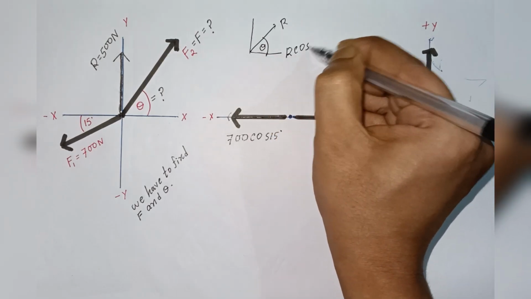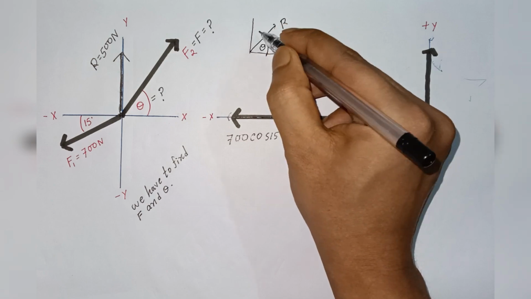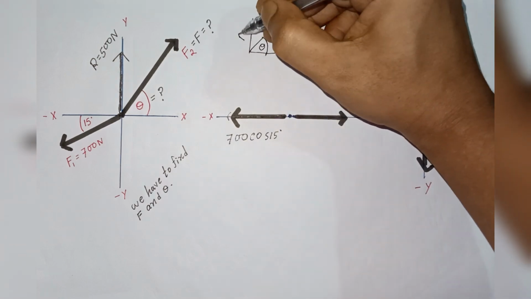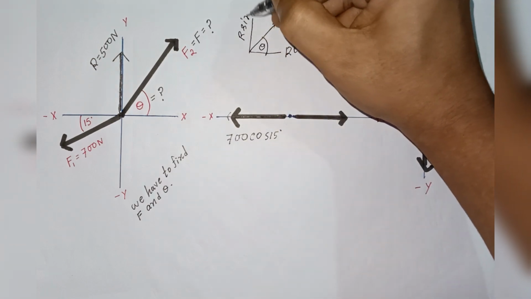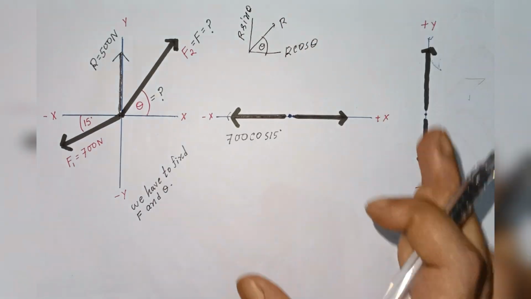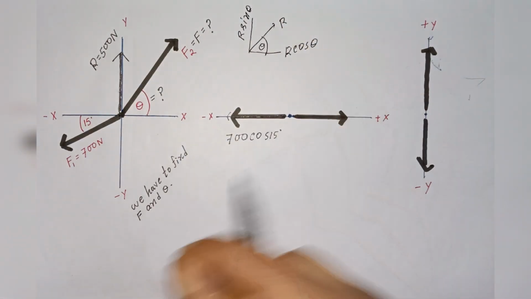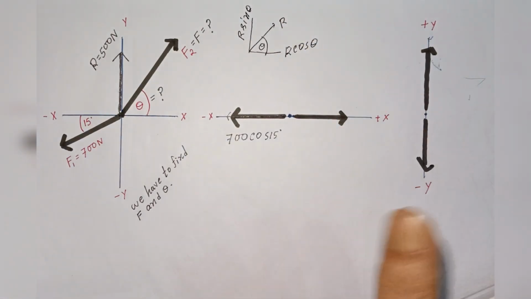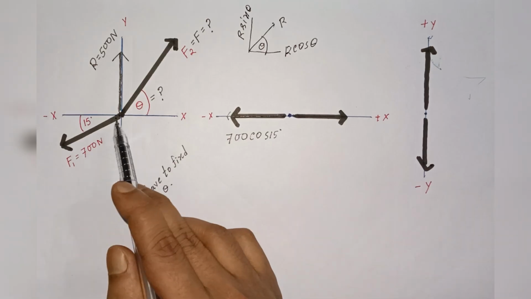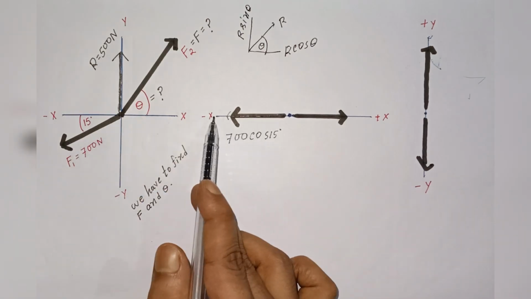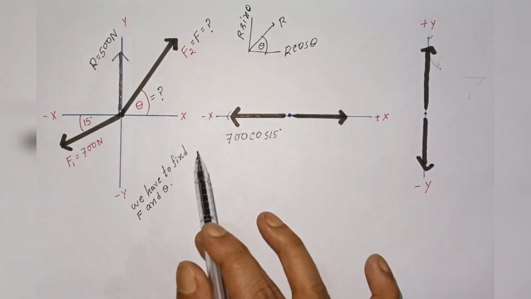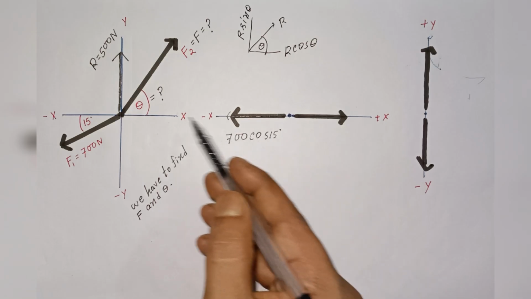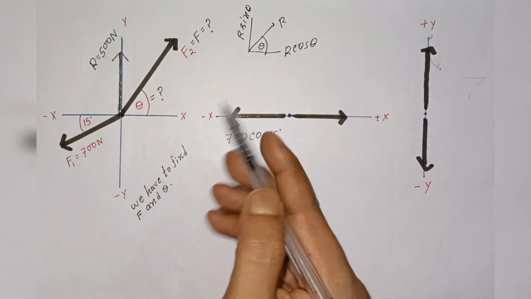Then the component of r along the x-axis is r cos theta and along the y-axis is r sin theta. Remember, where theta is attached you add cos, where theta is not attached you add sin. Here 15 is attached, so I take cos. Since the vector is along the negative x-axis, I added a minus sign.